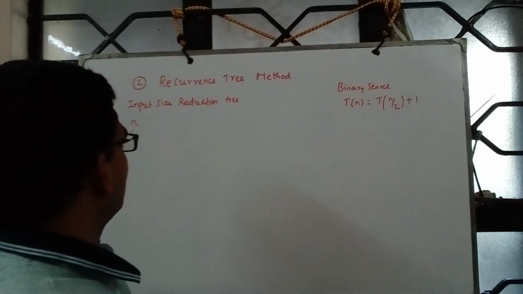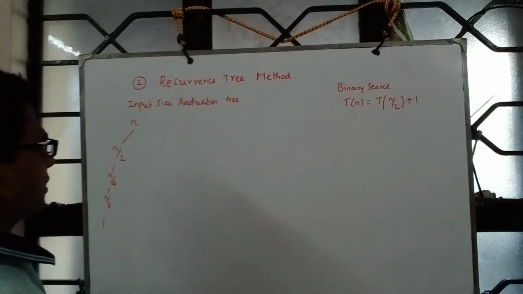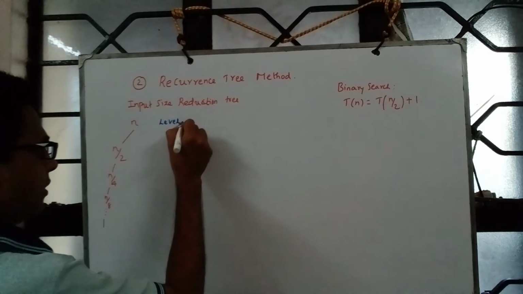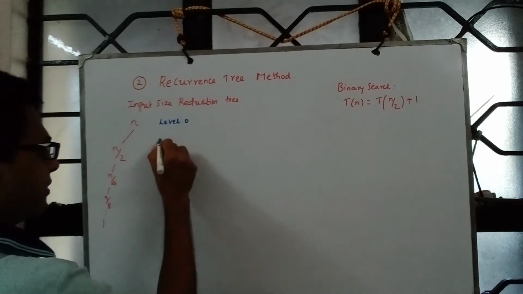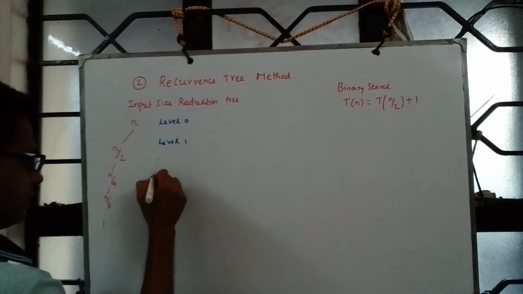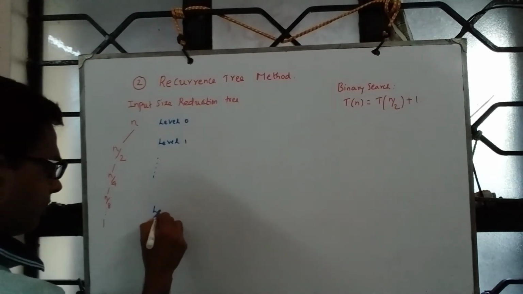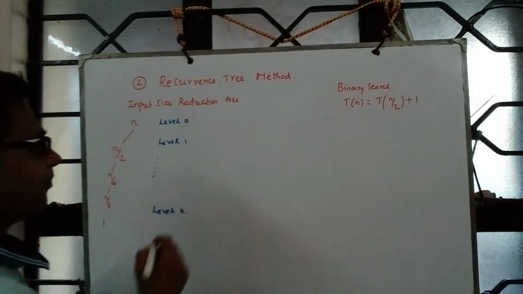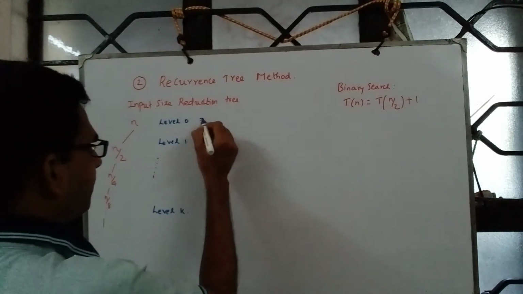Correct? So this is at say level 0 and this is at level 1. So like that it goes. At this level it becomes 1. So you can look at it this way.